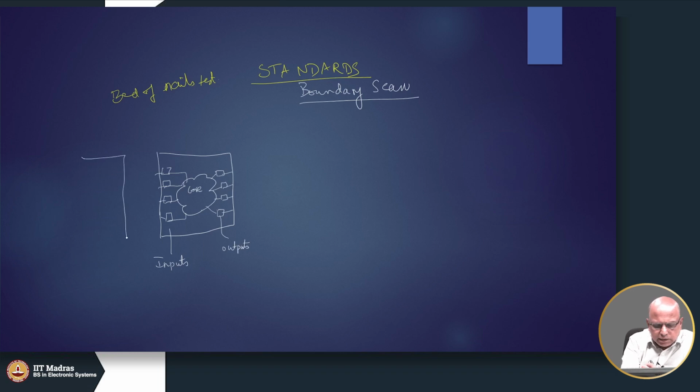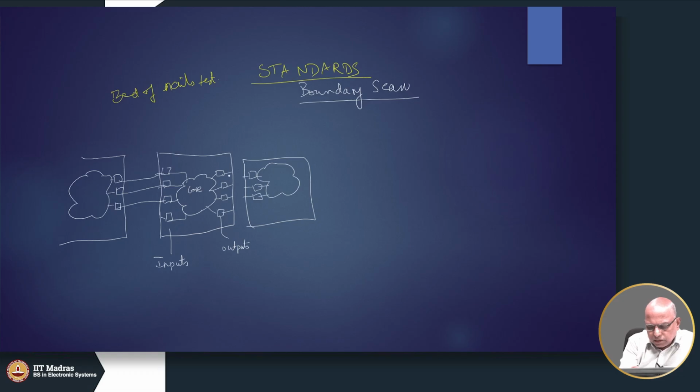There may be another IC sitting on the PCB with pins on this side, and these may be driving this, and there may be another IC here with some core logic, and these may be the input pins, and these guys could be driving them. So, these wires are on the PCB. These are all the wires on the PCB.